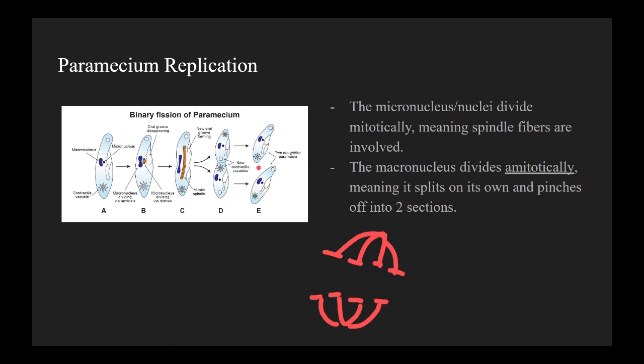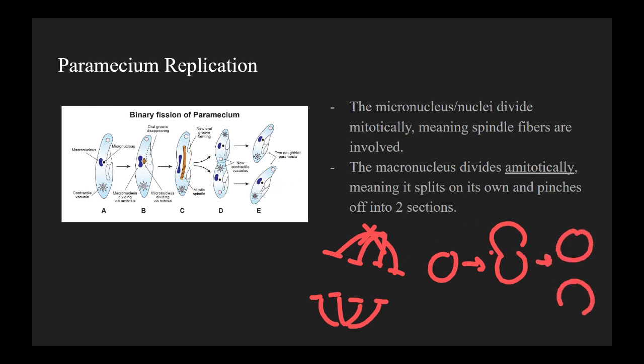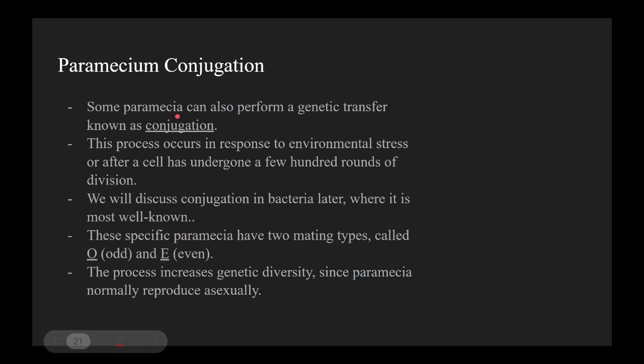So the micronucleus is separating like that, and then the macronucleus is dividing amitotically, which means it doesn't have these spindles. Instead, it just starts out here, and then it literally physically pinches off and separates out like this into two nuclei. Then the cells will just divide. All right, so I think I forgot to put a picture here, but that's fine.